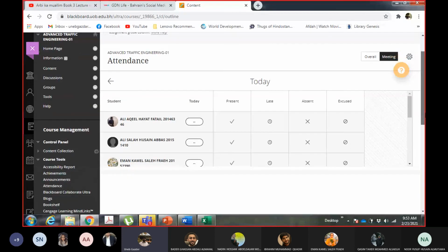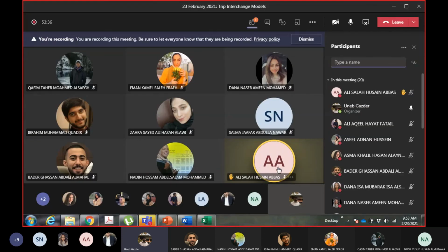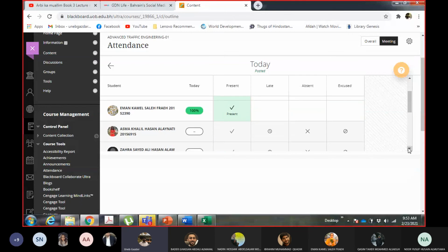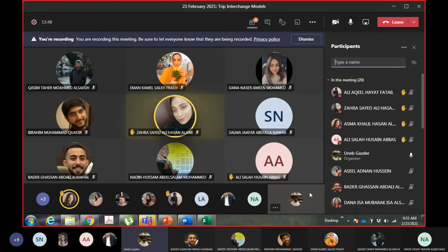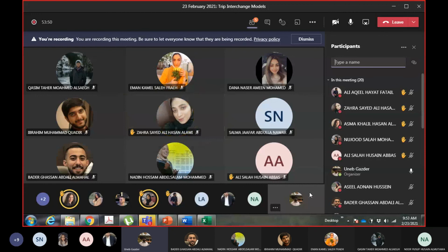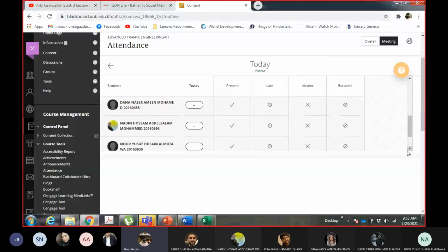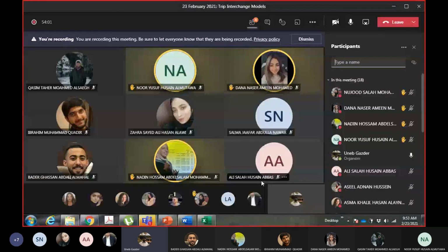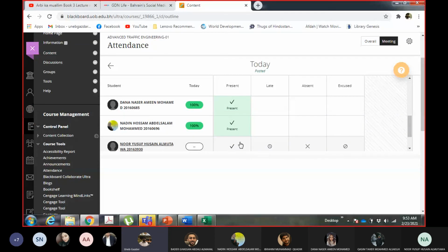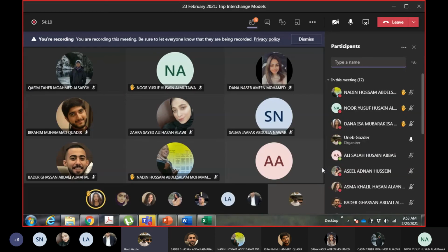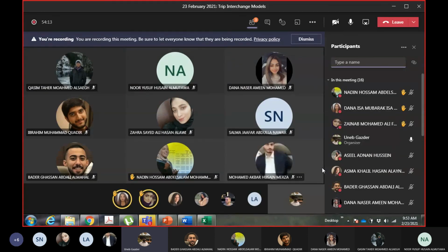Okay, Ali Akil, Ali Salah, and Iman Kamil. Iman is here. Asma Khalil, Zahra, Sayyid, Nujuz Salah. Dana Nasir, Nadine Hussam, Noor Yusuf. Dana Isa, Reem Abdul Hamid, Zainab Muhammad.